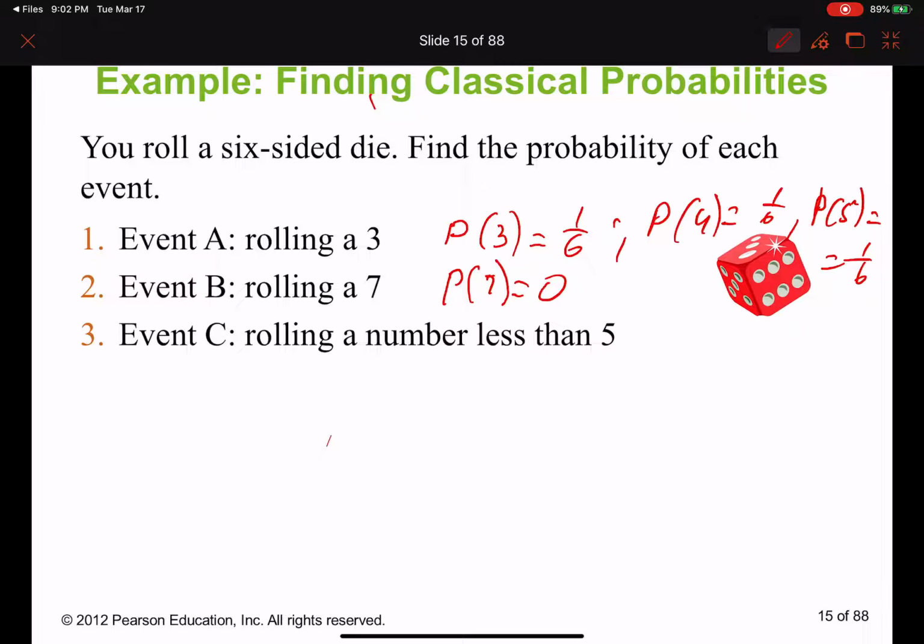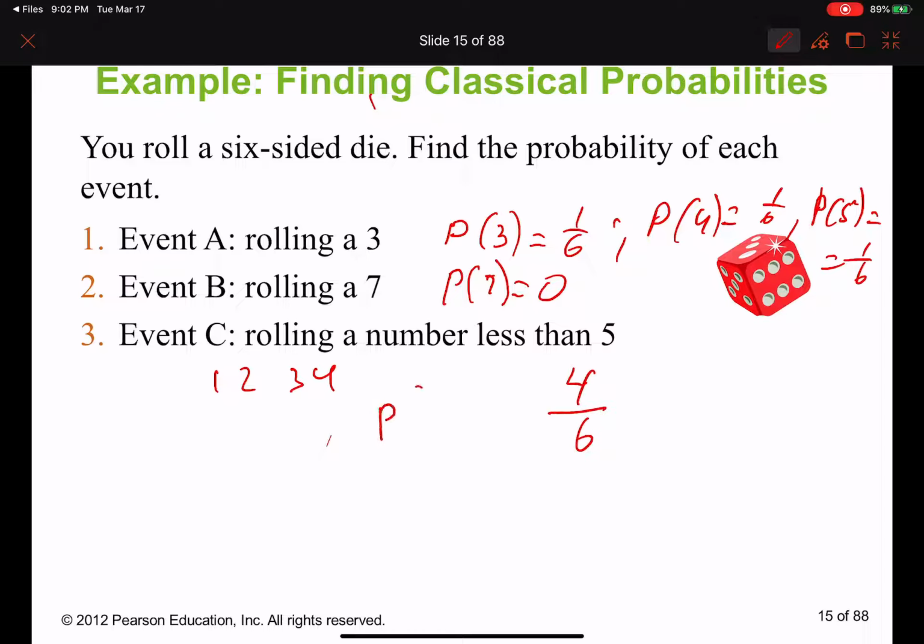Tricky question, isn't it? What's the probability of rolling a number that is less than 5? So less than 5, how many numbers do we have? 1, 2, 3, 4. Yes? So how many choices? 4, out of how many? 6.